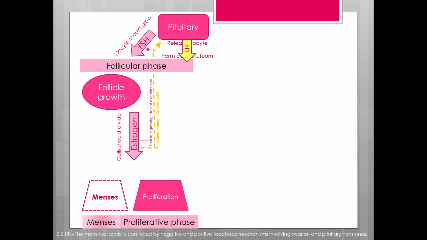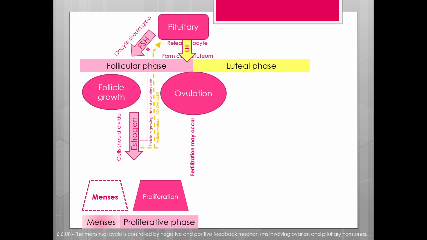Due to the burst of LH, we've got ovulation and conversion of the follicle into corpus luteum, so the start of the luteal phase. Both of these things happen due to high concentration of LH produced for a moment. Of course, if it happens in the ovary.